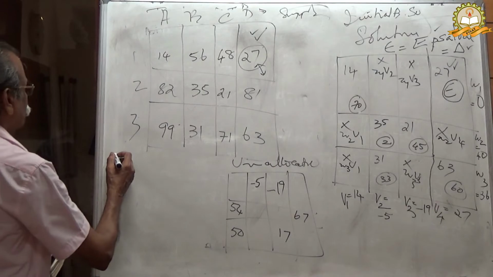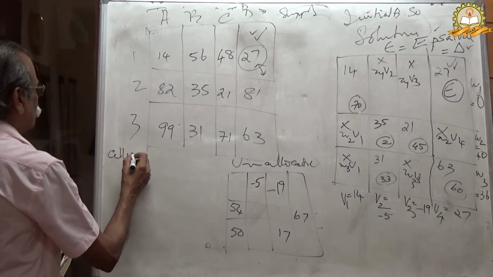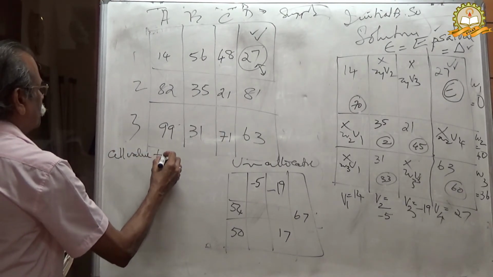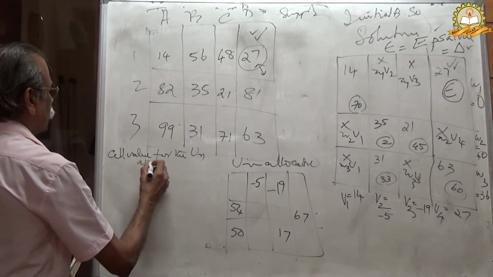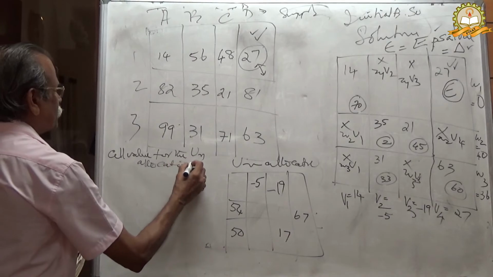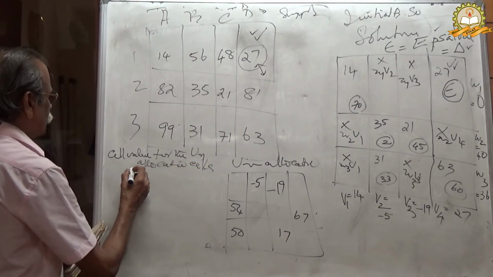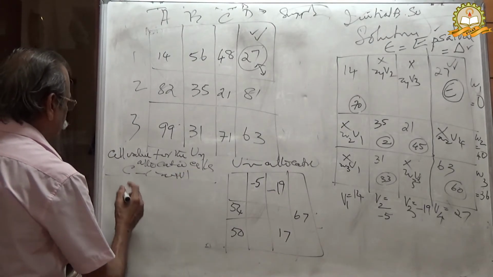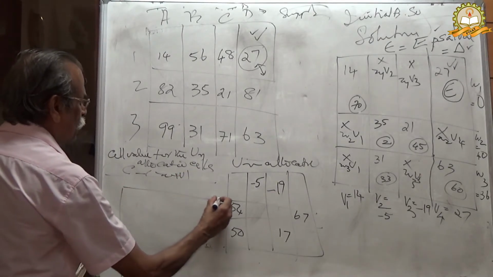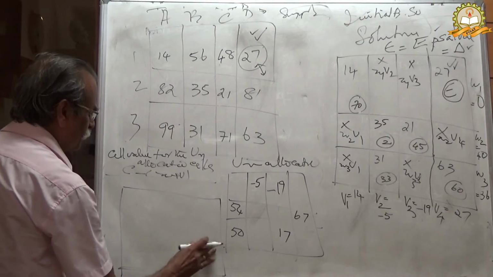Therefore, you can write cell value for the unallocated cells using C minus of U plus V.